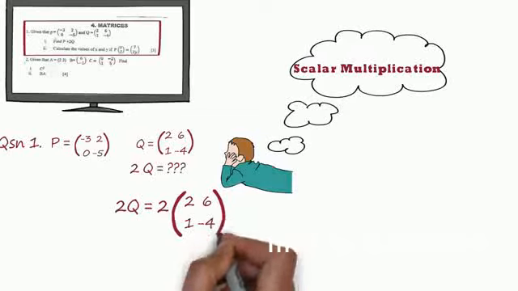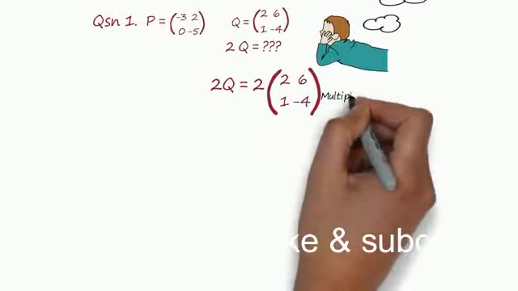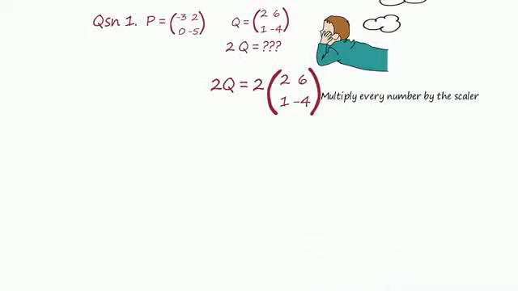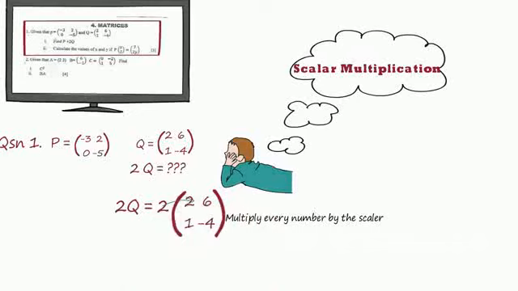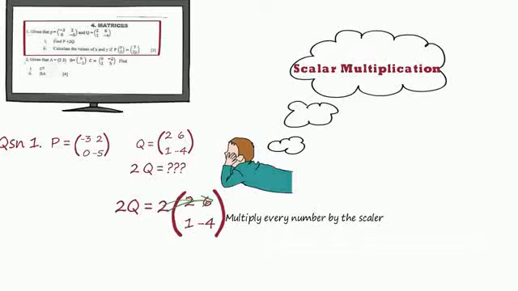So 2Q will be equal to 2 times 2, which is 4. 2 times 6, which is 12. 2 times 1, which is 2. I think I'm moving a bit faster there. And then 2 times minus 4.